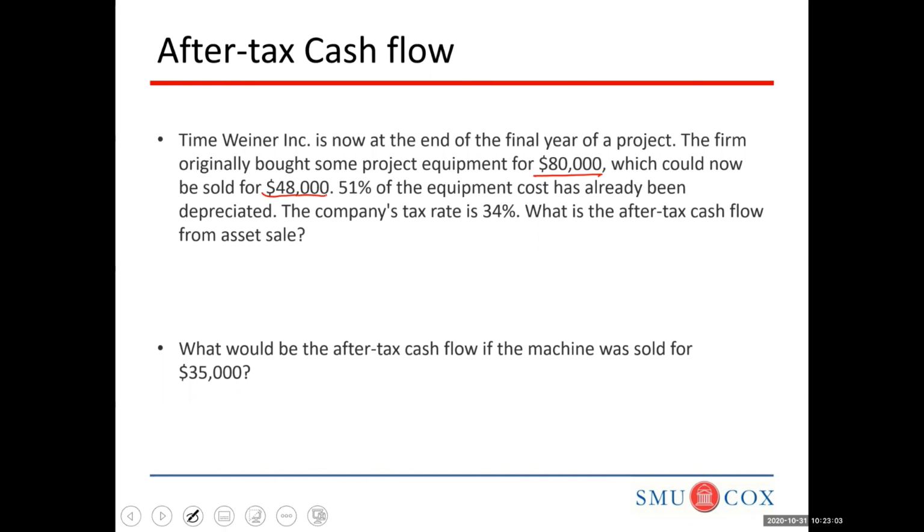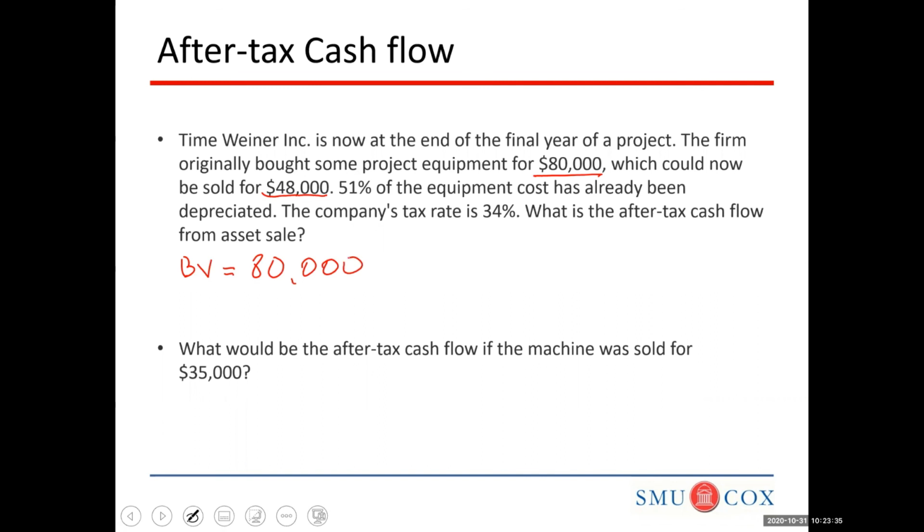It's not so much about free cash flow, it's more about kind of capital gains, tax or loss. So what is the book value of this asset if it's 51% depreciated? Is it 80,000 times 49%?